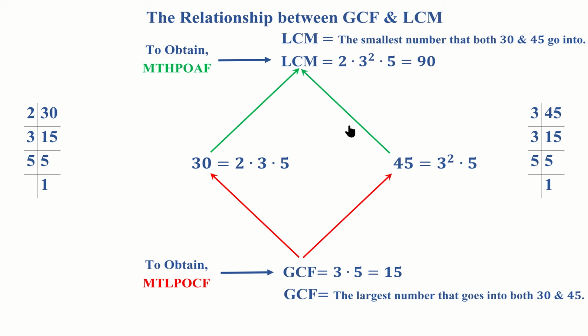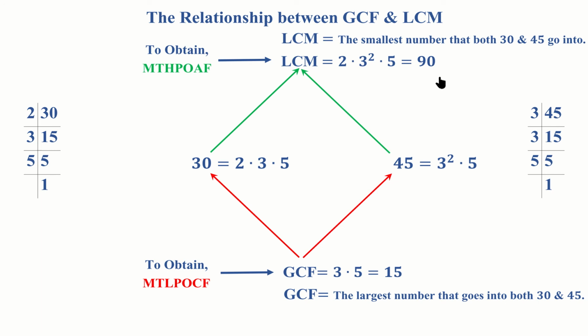So the LCM is the other extreme. This was the greatest number, or the largest number that goes into both of them. The LCM is actually the smallest number of all the ones that both of them go into. Okay, so that's the least common multiple, and we're going to be realizing this important relationship in a few examples and see how they interact with one another.